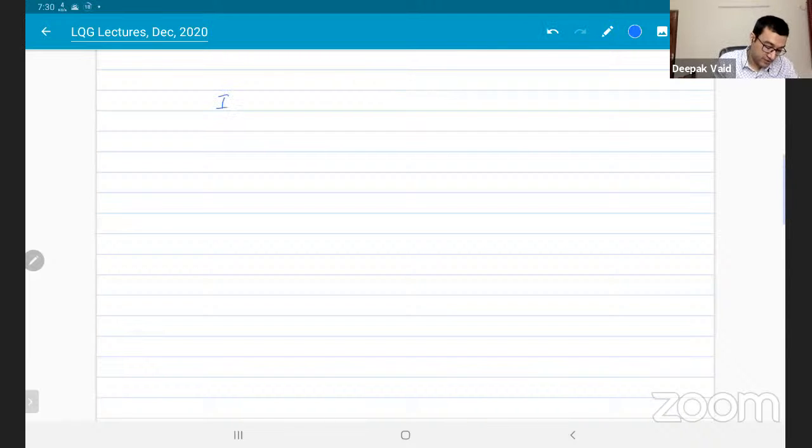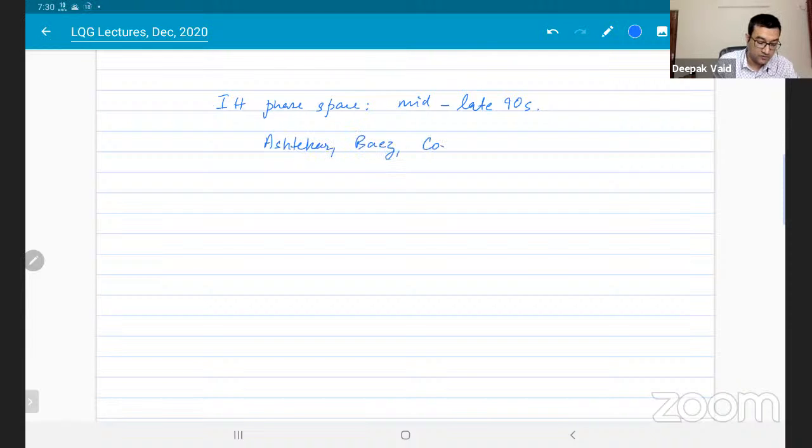The isolated horizon phase space was first discussed in the mid to late 90s in papers by Ashtekar, Baez, Corichi, and Krasnov.